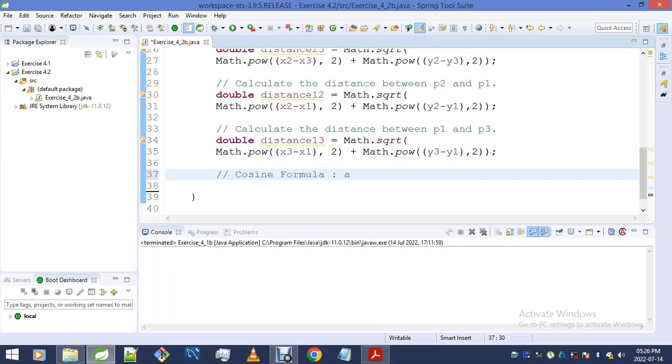So a squared, all small letters, you guys, is nothing else but a side. It could be the distance between point 1 to point 2, or the distance between point 1 to point 3, or maybe the distance between point 2 and point 3. So here a squared is given by b squared, again another side, we're squaring a side here, plus c squared.